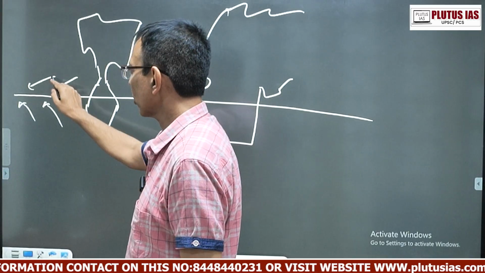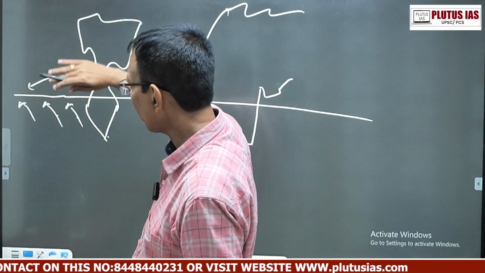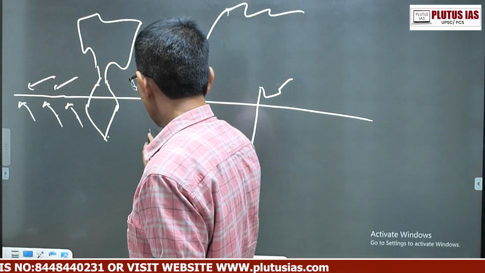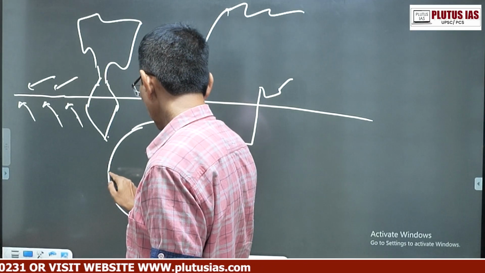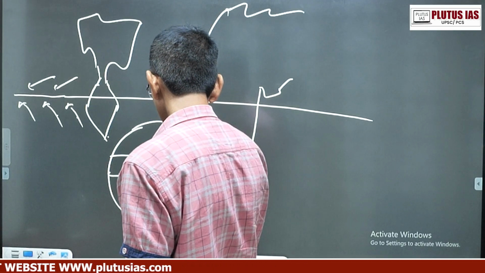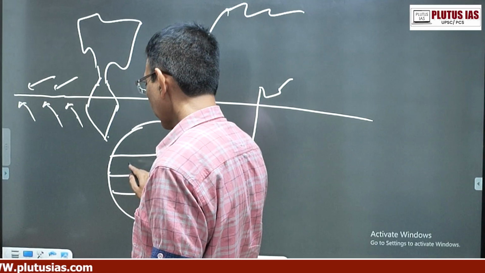This is the presence of trade wind found above the ocean surface. This is the globe, equator, subtropical region.